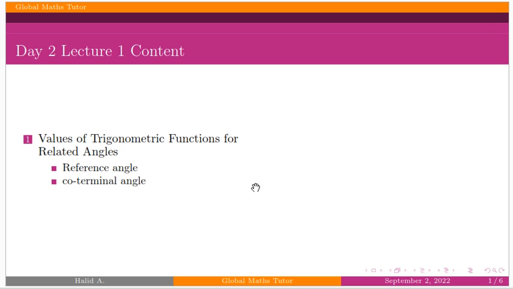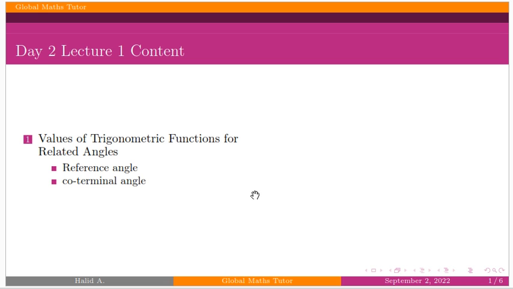In this video we are going to see how to find a trig value for angles which are coterminal, and also we're going to find what a reference angle is.